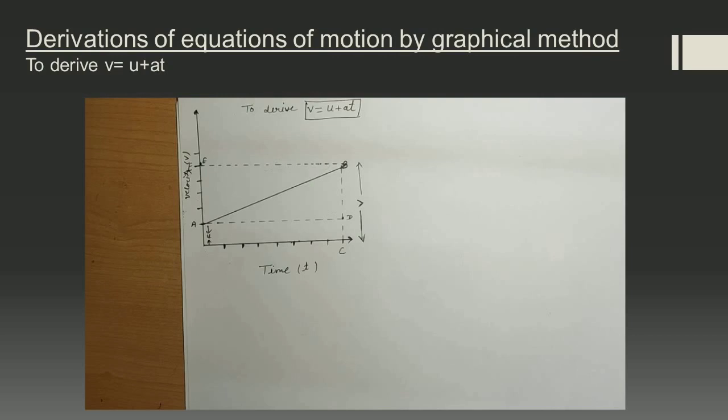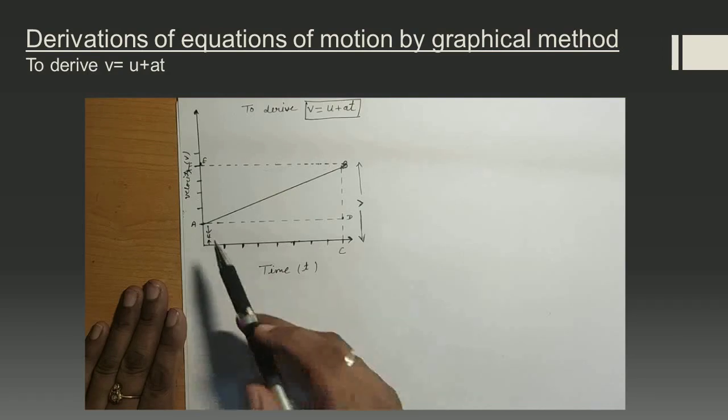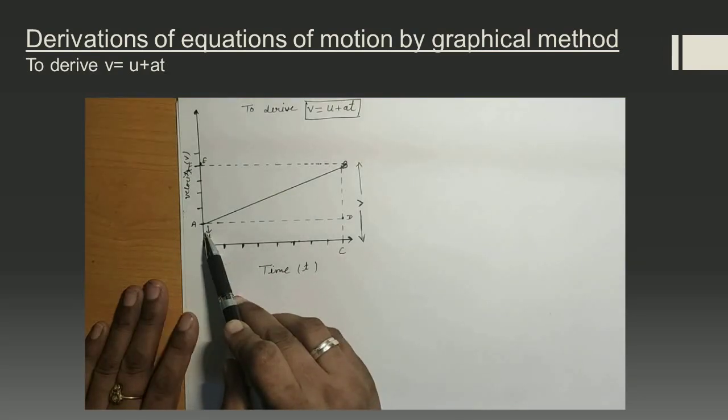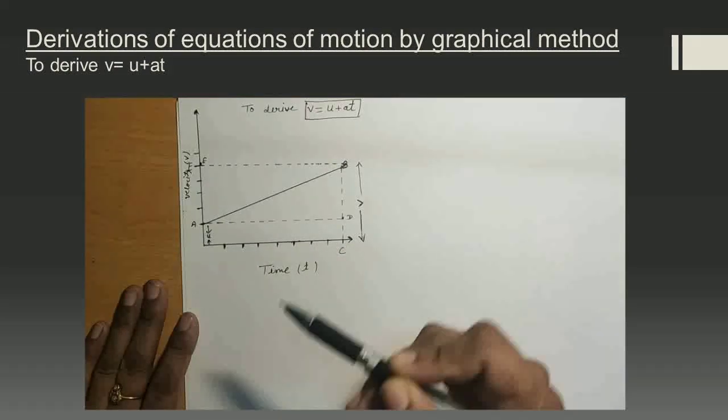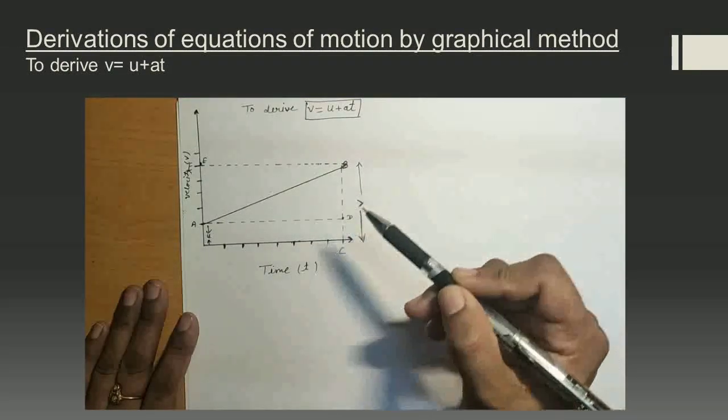Now we will derive our first equation of motion, that is v is equal to u plus at. To derive this equation, let's consider the velocity-time graph for a body. The body has an initial velocity u at point A, and then the body accelerates uniformly in time t.